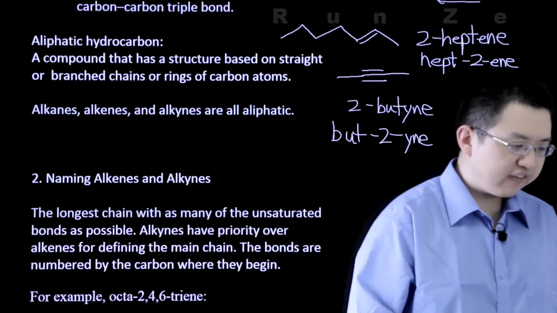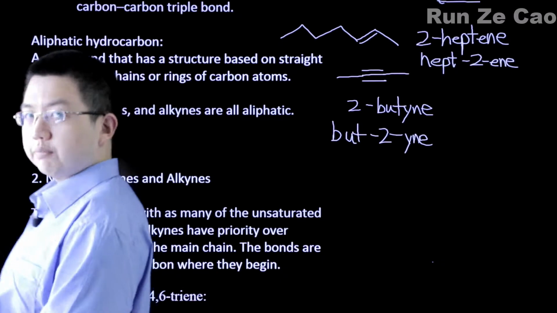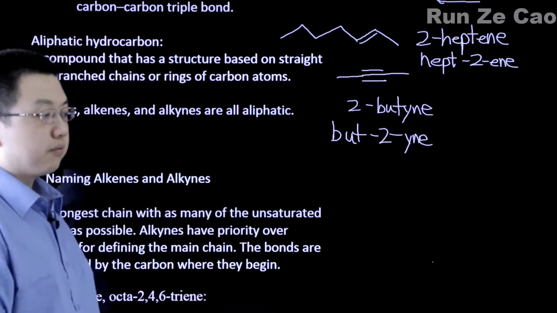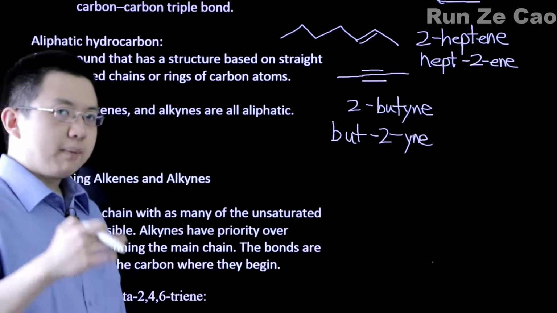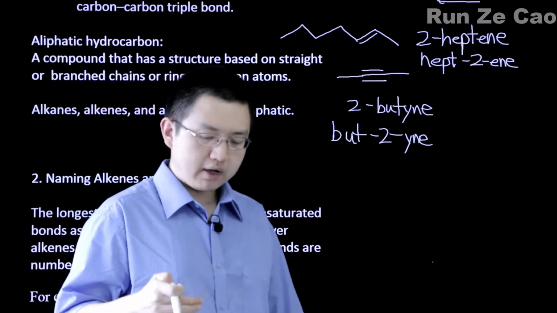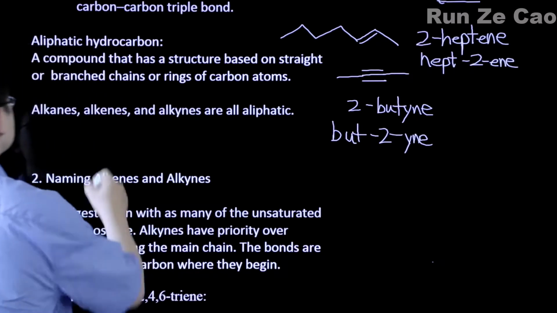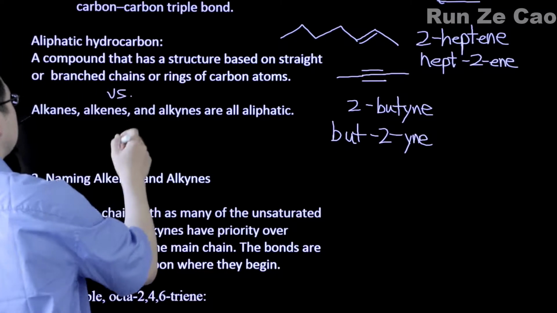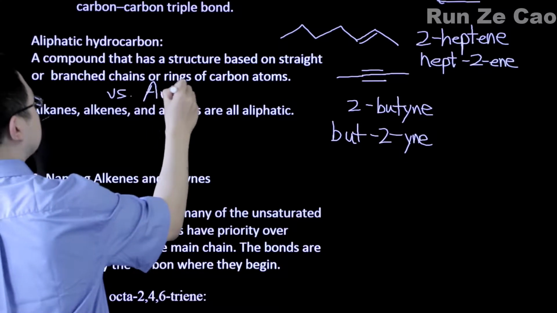So, aliphatic hydrocarbons have structures that are based on straight or branched chains or rings of carbon. There is nothing special about the way the bonds are hybridized and how the bonds are located. The alternative is called aromatic, aliphatic versus aromatic.